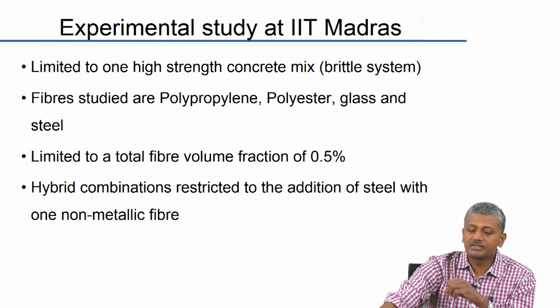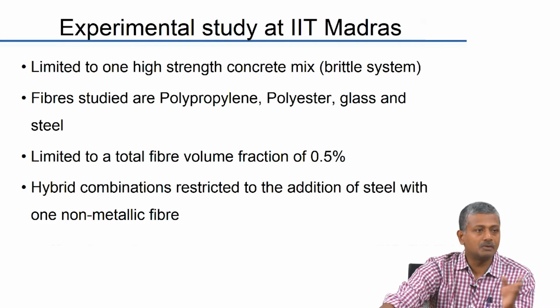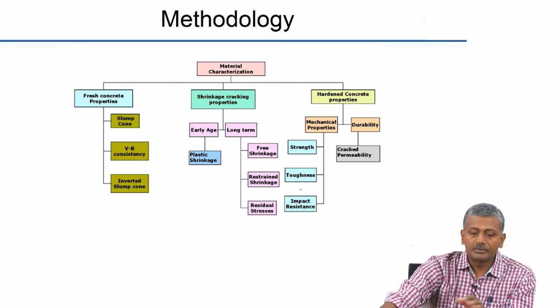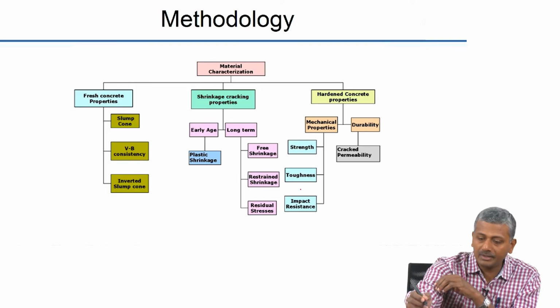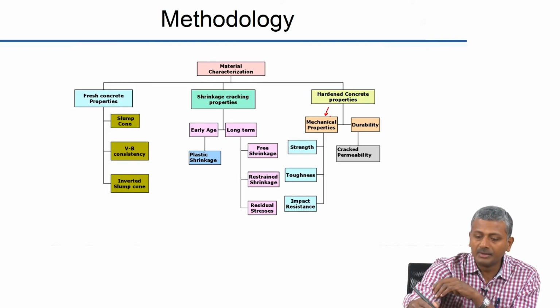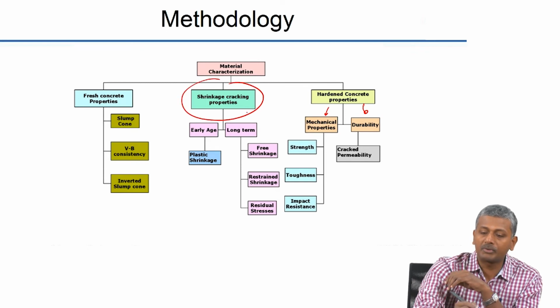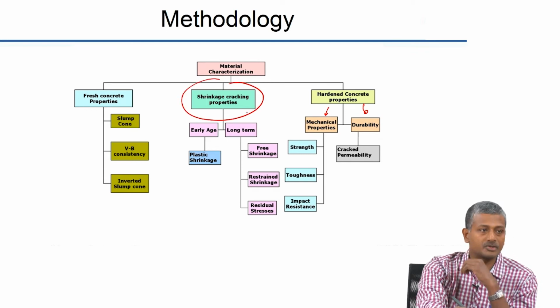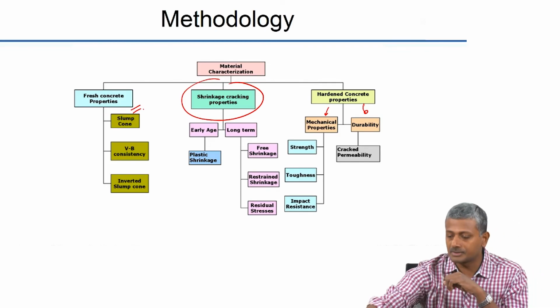Hybrid combinations were also attempted in this study, with a combination of steel with the non-metallic fiber. Of course, this was a larger research study which included not just the hardened concrete properties in terms of the strength and toughness, but also the durability and shrinkage related properties, which we will discuss when we come to the chapter on shrinkage, and also the fresh concrete properties.